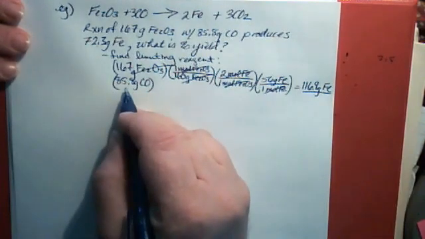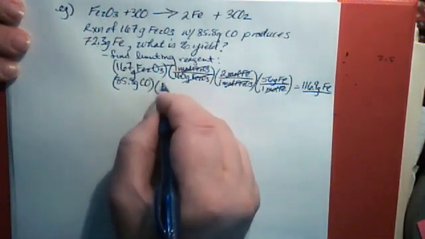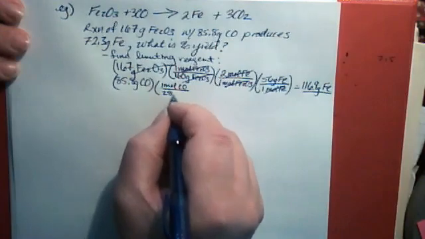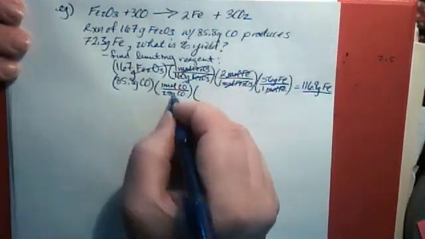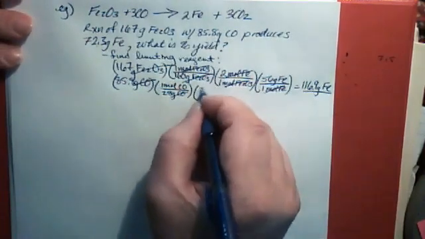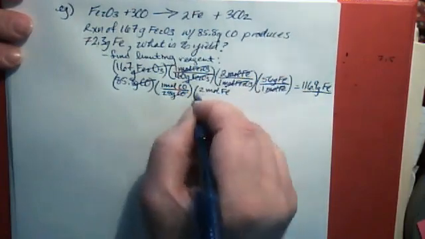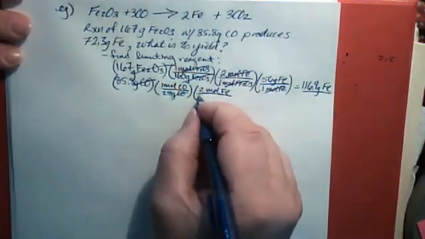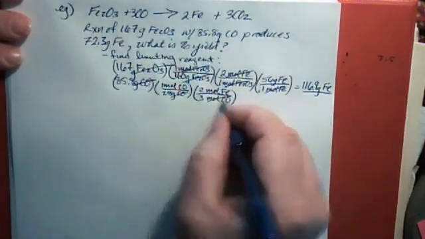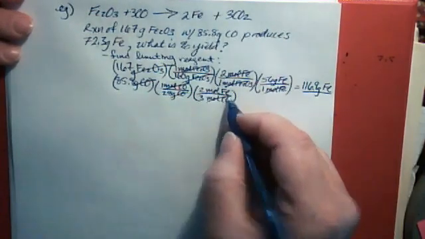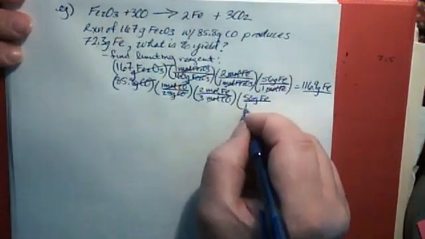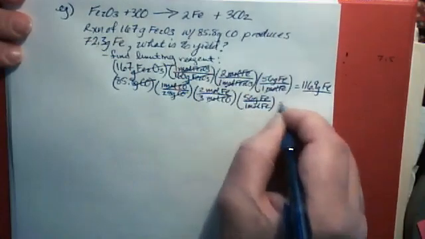You get 85.8 grams of carbon monoxide. According to the periodic table, there's 28 grams of carbon monoxide for every mole of carbon monoxide. This would give you moles of carbon monoxide as a unit. The equation says we get 2 moles of iron out for every 3 moles of carbon monoxide in. So now we are over to moles of iron, and then 56 grams for every mole of iron.